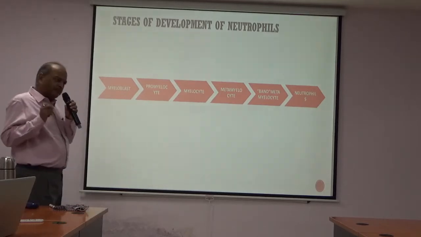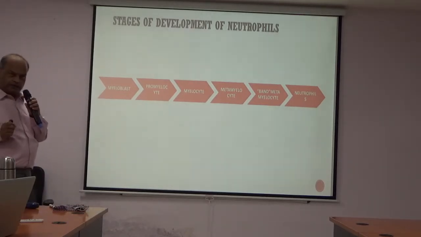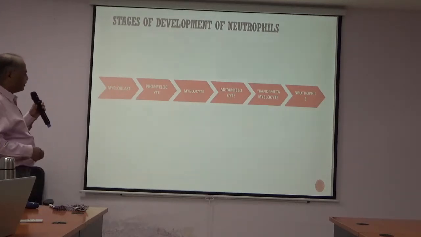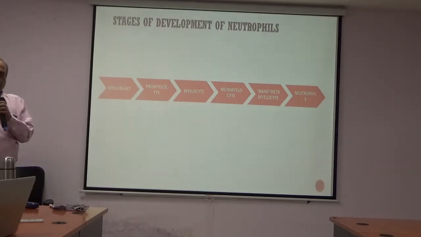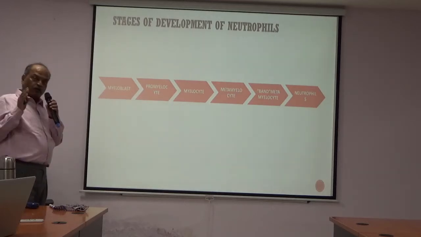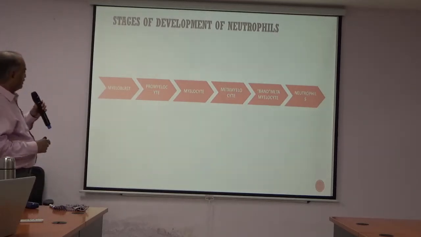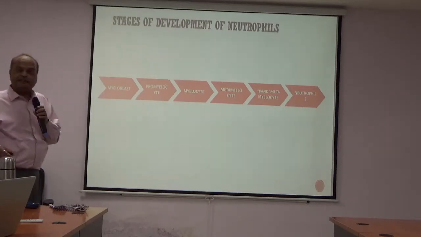So the first cell which is identifiable morphologically for the formation of WBC is the myeloblast. This myeloblast is a very large cell with a very large nucleus containing 1 to 5 nucleoli. But there is one very important thing which I should mention, and that is this myeloblast doesn't contain any granules.